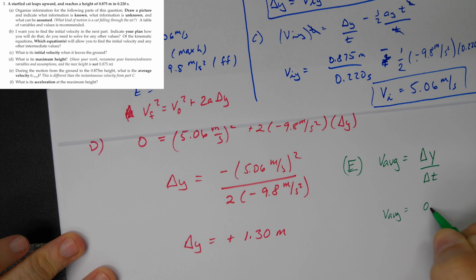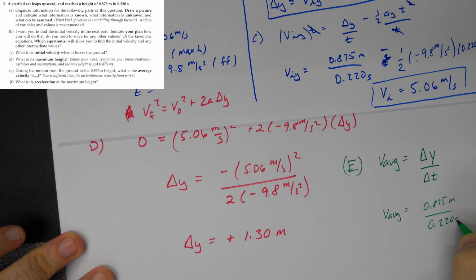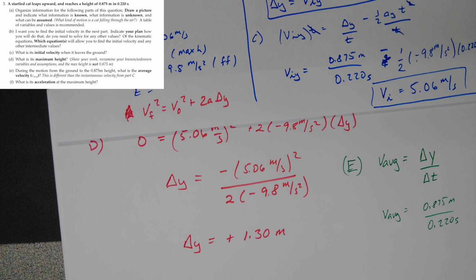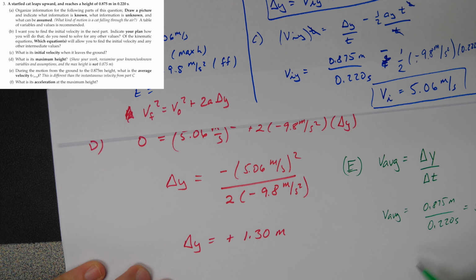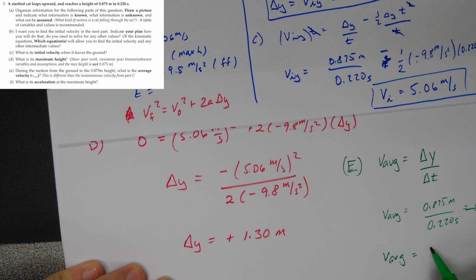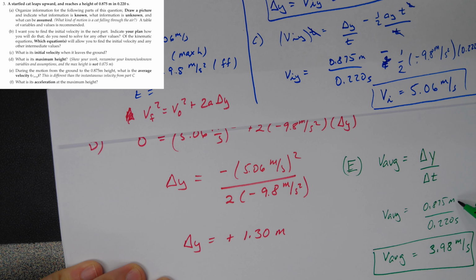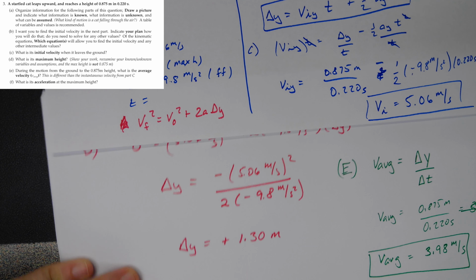It's going to be 0.875 meters over 0.220 seconds, and 0.875 divided by 0.220 is going to be 3.98 meters per second. Total distance covered over some segment divided by total time.